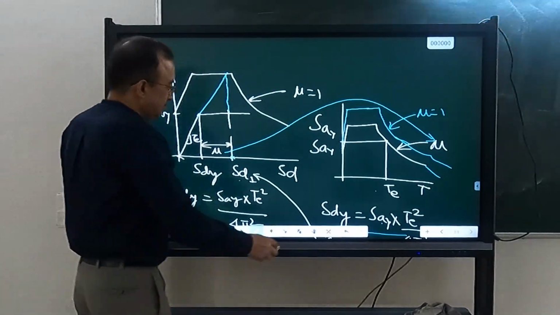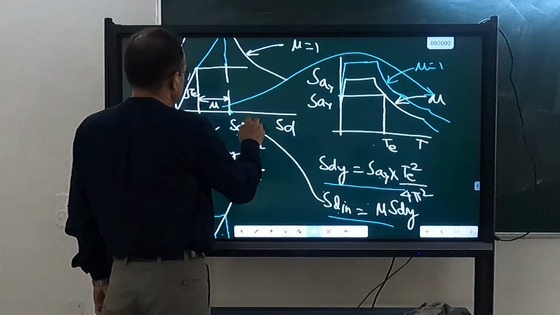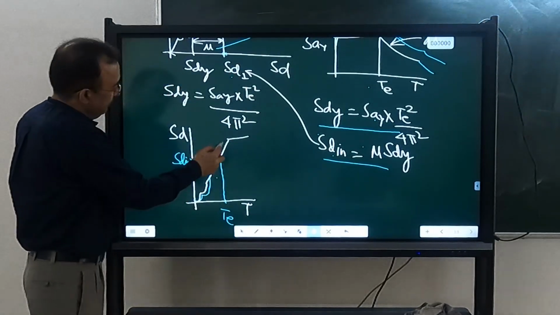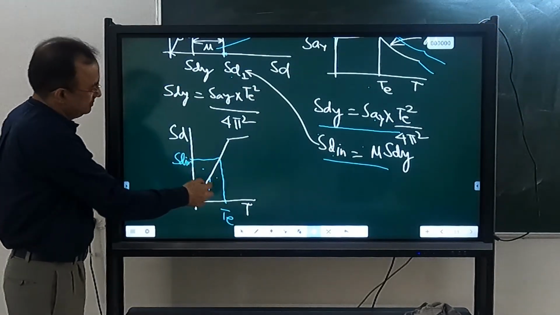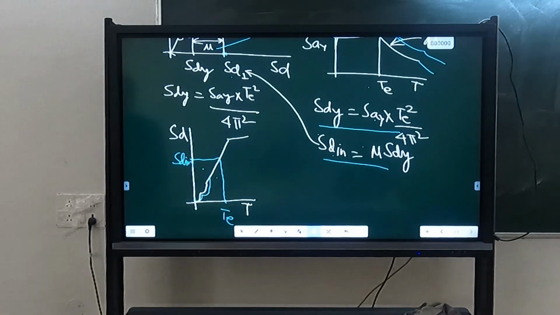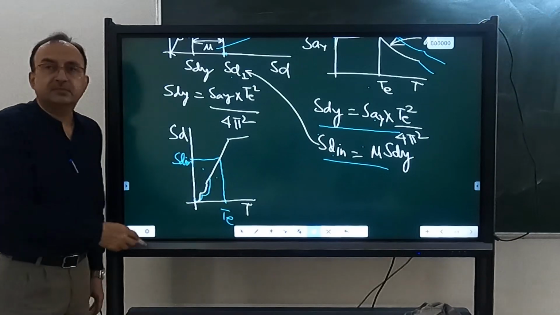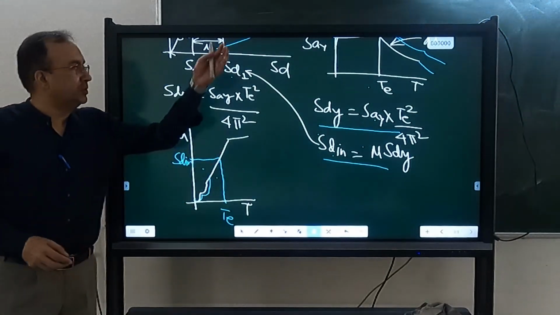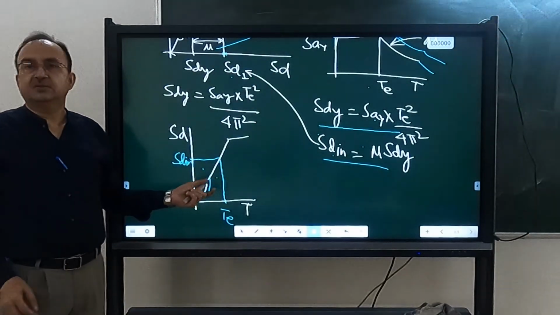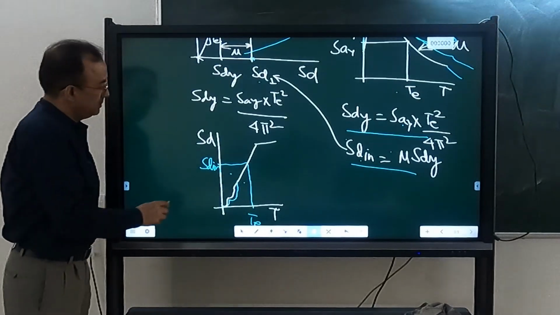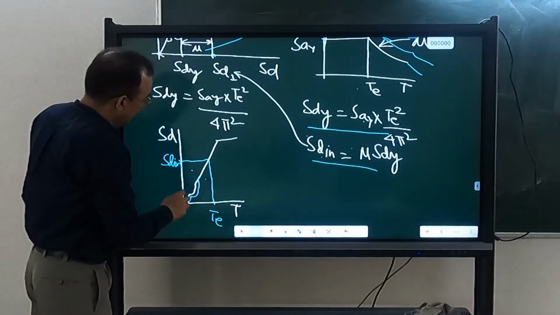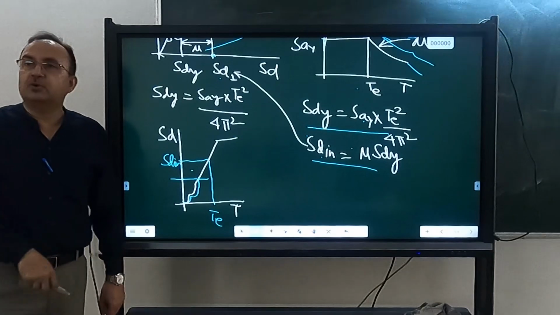Okay. And you have that from here also, if it is in the velocity control range. This is the same. SD elastic and SD inelastic are the same. So this curve actually does not depend on mu in this range. Beyond this point, you can see that it does not depend on mu.